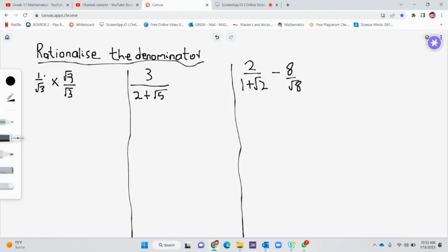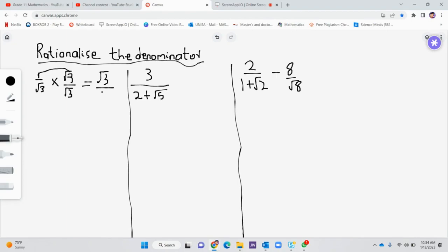Then we're going to multiply the numerator by the numerator and the denominator by the denominator. So 1 times square root of 3 will be equal to square root of 3. And then square root of 3 multiplied by square root of 3. We know by now that squaring a square root gets rid of the square root.